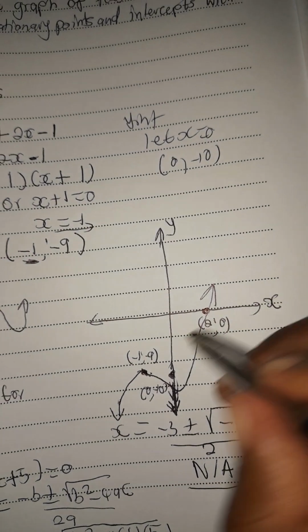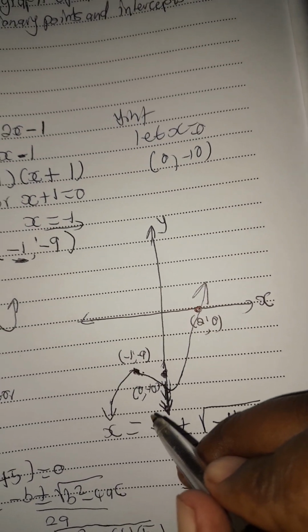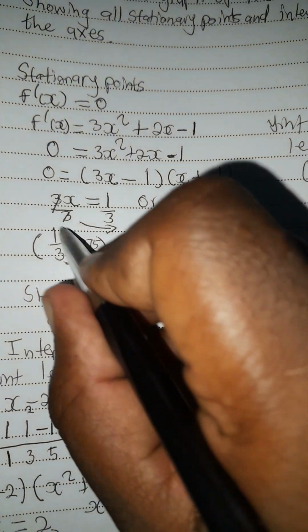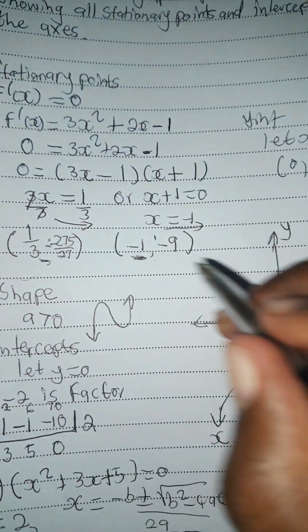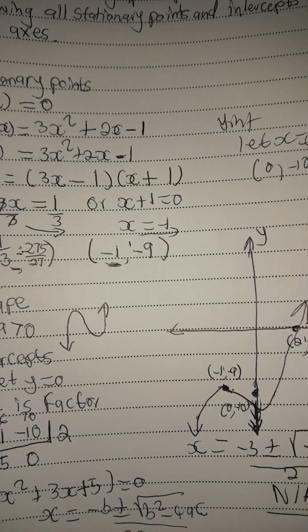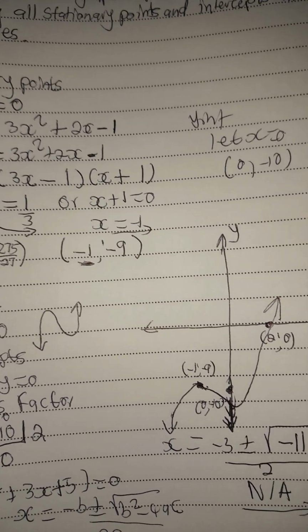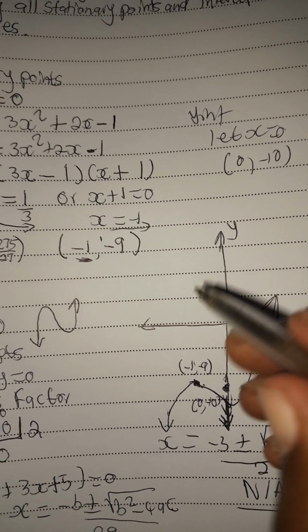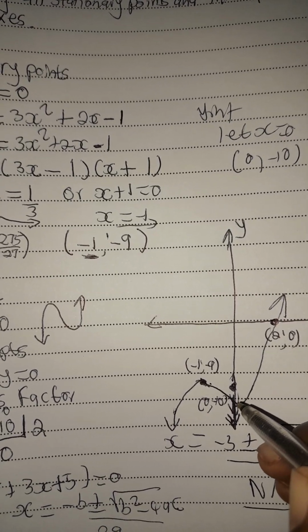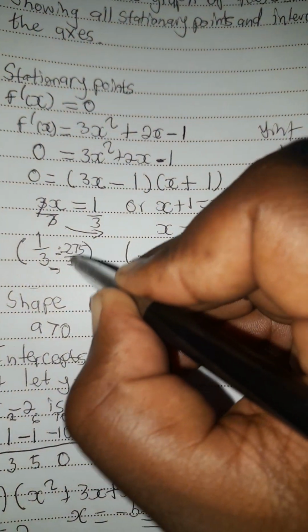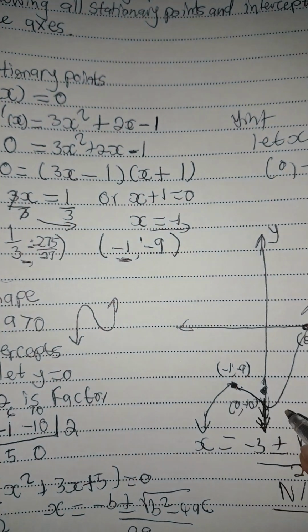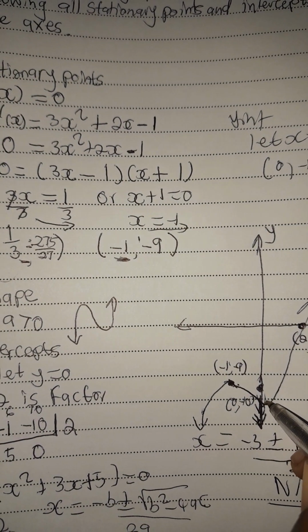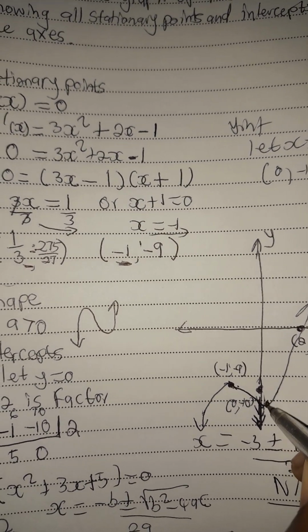All right, so this is how our shape will be, but let's not forget placing 1 over 3. So it's somewhere here, 1 over 3 and negative 10, because this gives negative 275 divided by 27, which is about negative 10. So it will be here, a local minimum.